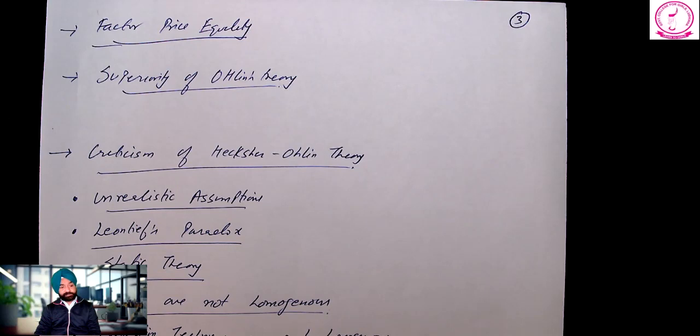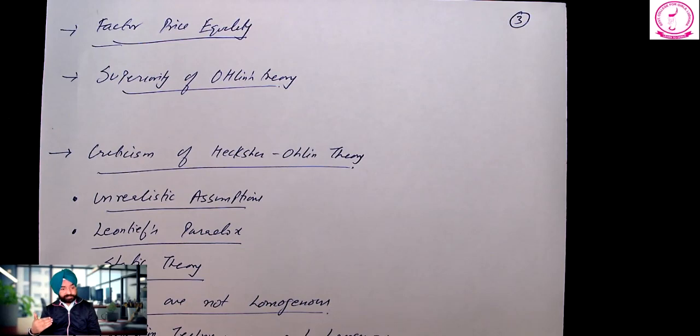Then, according to modern economists, Ohlin's theory is more superior to classical theory. Why is that? It is because several assumptions have been taken by Ohlin which have not been taken by classical theory. Ohlin's theory is more superior because it tells the real difference.